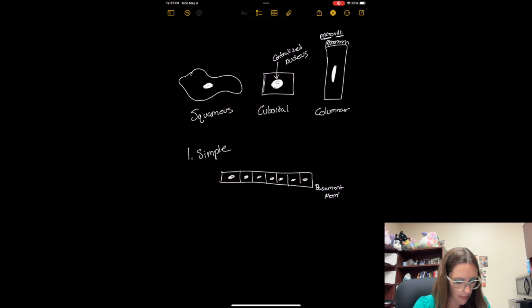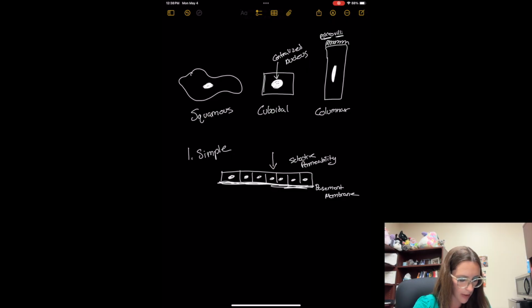Right? And so this tissue, if it's simple, if something's coming at it, it's not going to do a very good job of blocking it from coming. However, because it is a cell and cells have selective permeability, it can decide what can and what cannot go through the tissue.